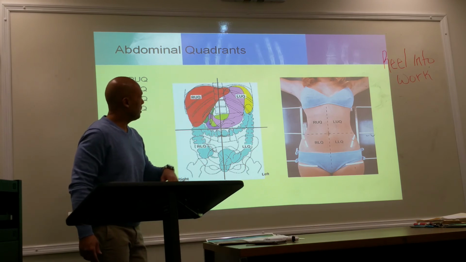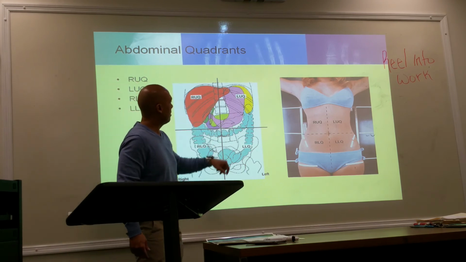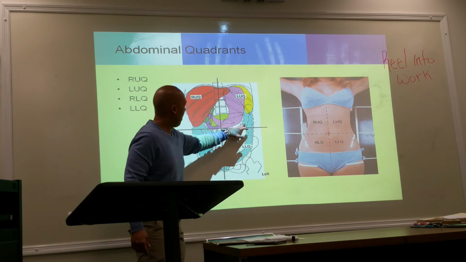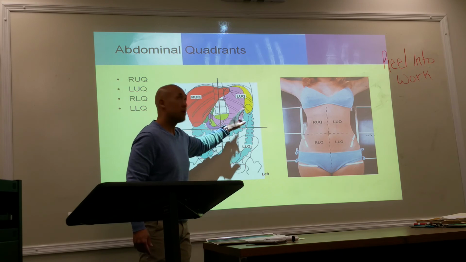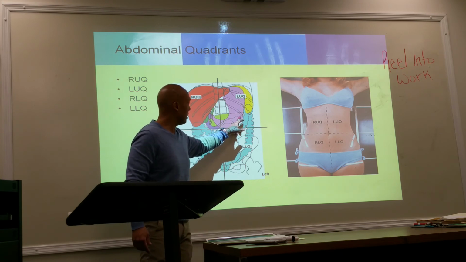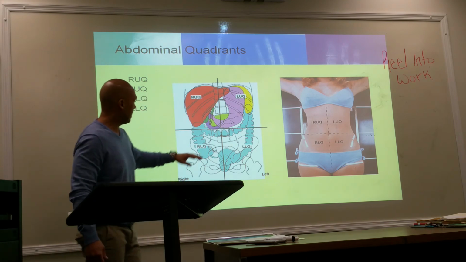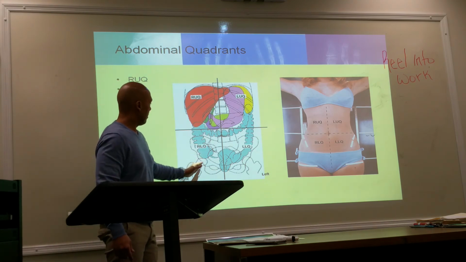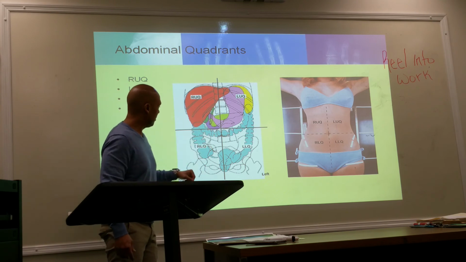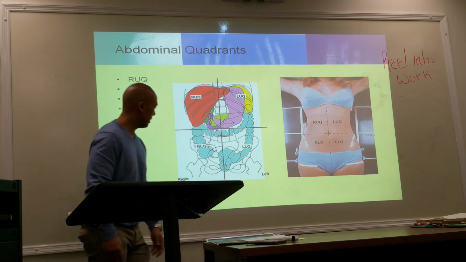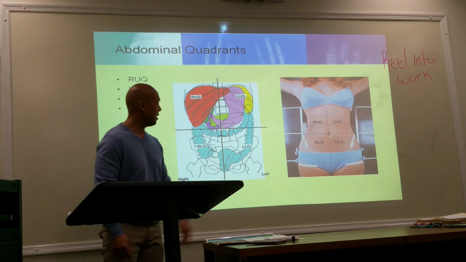On the left upper quadrant, you have a majority of the stomach, the spleen, the head of the pancreas. You'll have also here the left colic flexure, the small bowel, and then right down here, ascending, part of transverse. Over here, part of transverse, descending, and then the sigmoid rectal area.